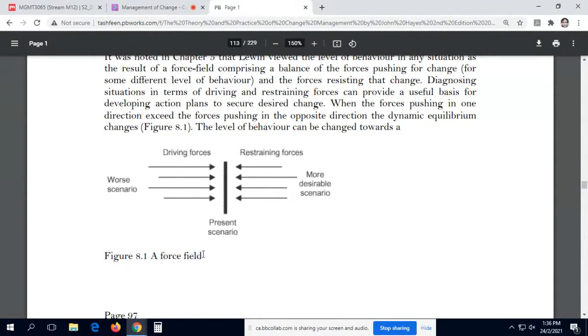Very easy diagram, force field, but you can do force field analysis for anything. This is the model. You can use it for anything which is happening in your life. Like for example, I consume a lot of Pepsi soda. So Pepsi is in the middle, and the driving forces I can write here, and the restraining forces I can write here.